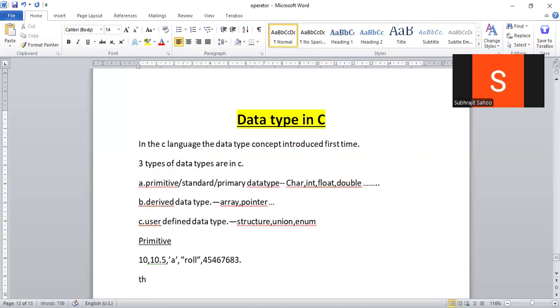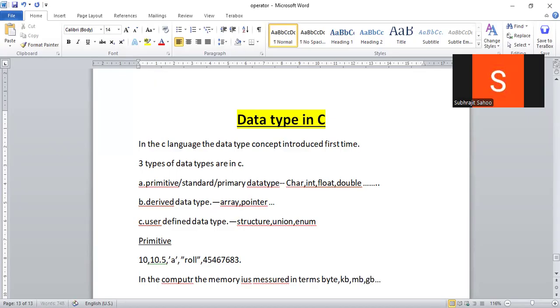I'll write the point here: in the computer, the memory is measured in terms of byte, kilobyte (KB, I'm writing the short form), megabyte (MB), gigabyte (GB), like this.